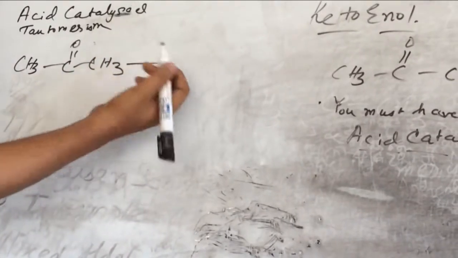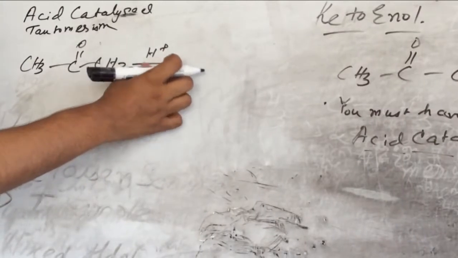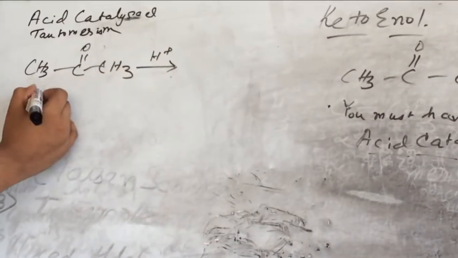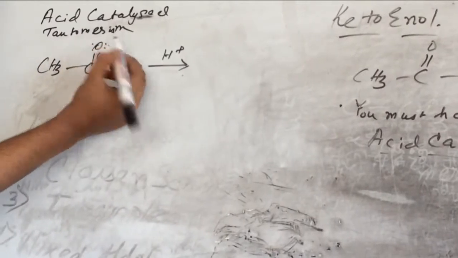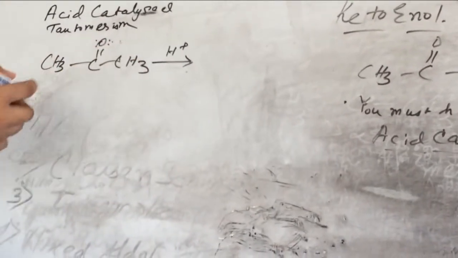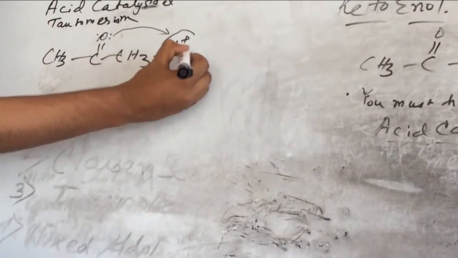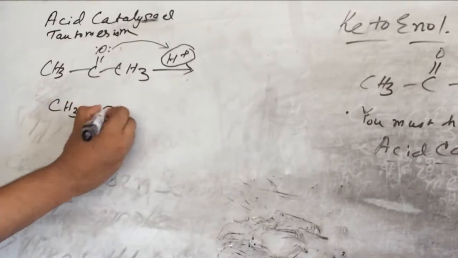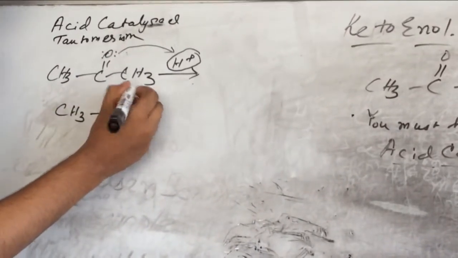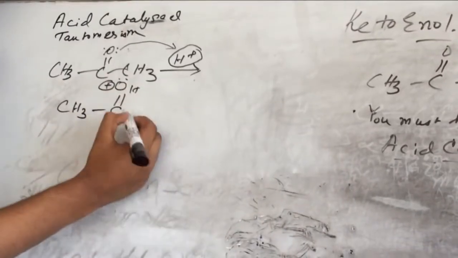To this we add an acid. So what happens is that oxygen has two lone pairs, so it acts as a Lewis base, and it will take up this hydrogen, CH3, OH. This becomes positive, one lone pair is still present.